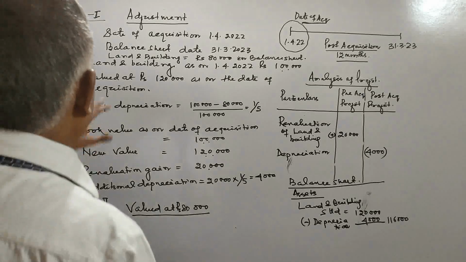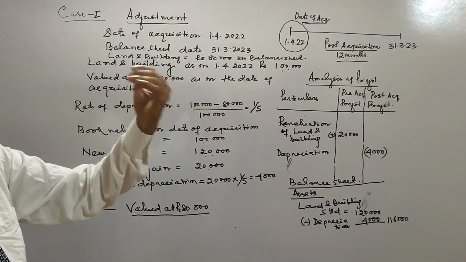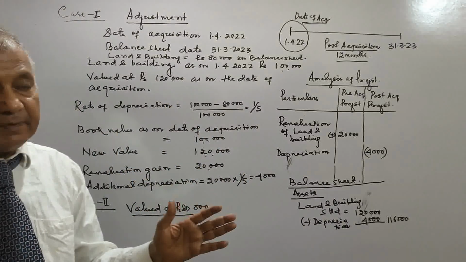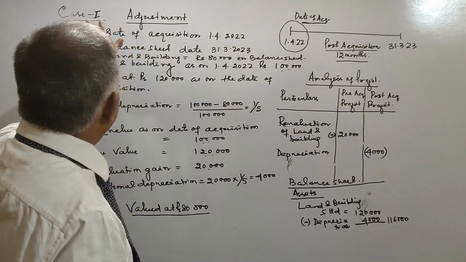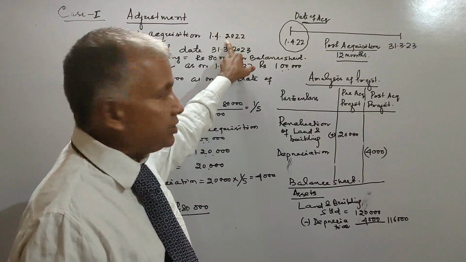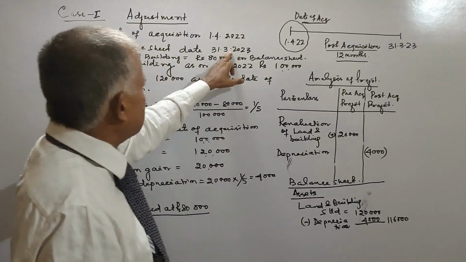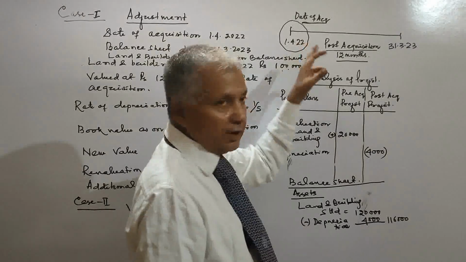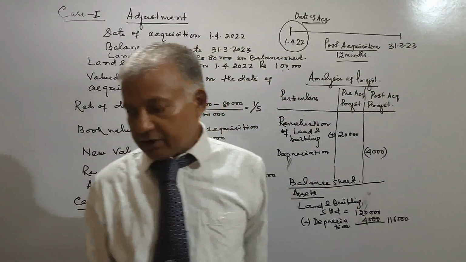Let us come to a particular adjustment. We will go by case so that we will cover every aspect of revaluation of asset. So case 1: the date of acquisition of share is 1/4/22, and the balance sheet date is 31/3/23.